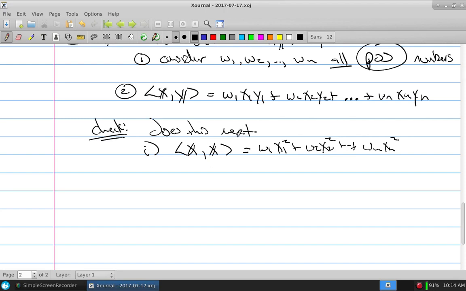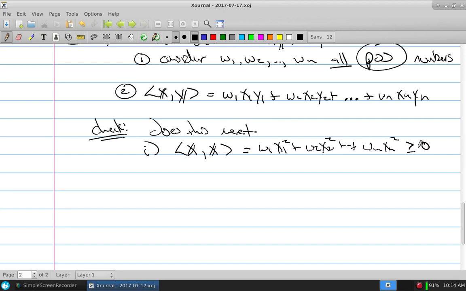So this has to be greater than or equal to 0. Now, if I add up numbers that are all going to be greater than or equal to 0 individually, what's the only possibility to add a bunch of things and get 0? They're all zeros.